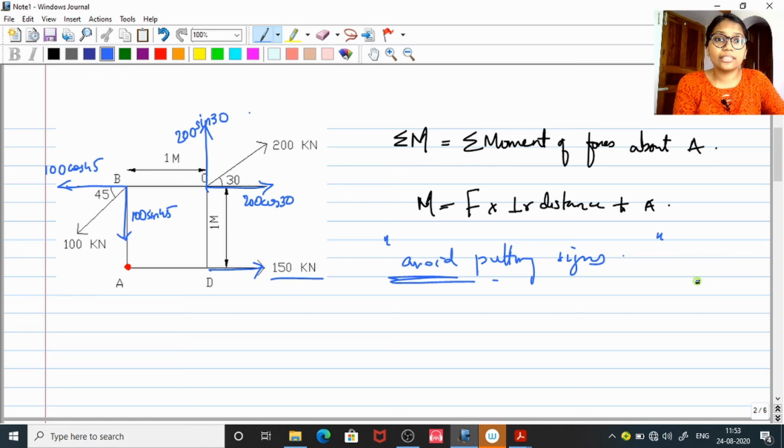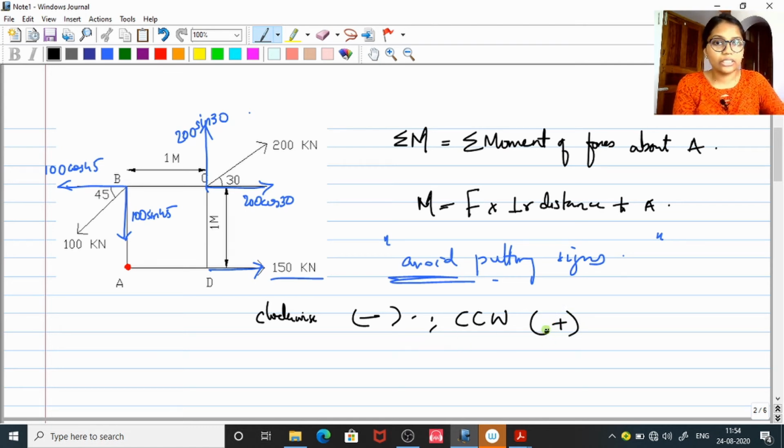Unlike in the previous case, where we had positive and negative signs along with the components, because our aim was to find the resultant and direction and all, here we have to find the moment. So here we have a different sign convention: for clockwise direction, please have a negative sign, and for counterclockwise direction, please have a positive sign.